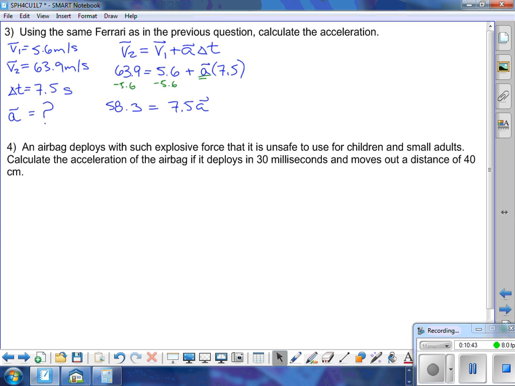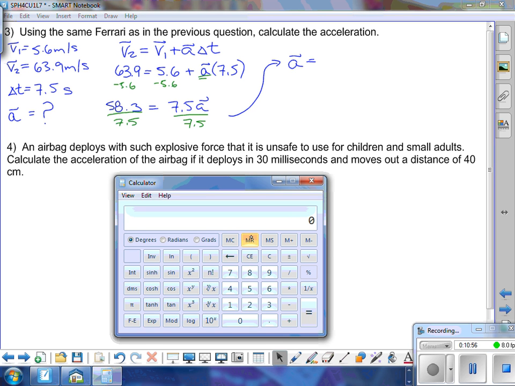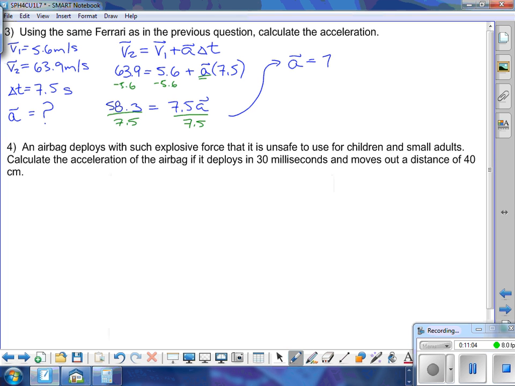Isolating for A, we're going to divide both sides by 7.5. So our acceleration will equal 58.3 divided by 7.5, 7.8 meters per second squared. So therefore, the acceleration was 7.8 meters per second squared.